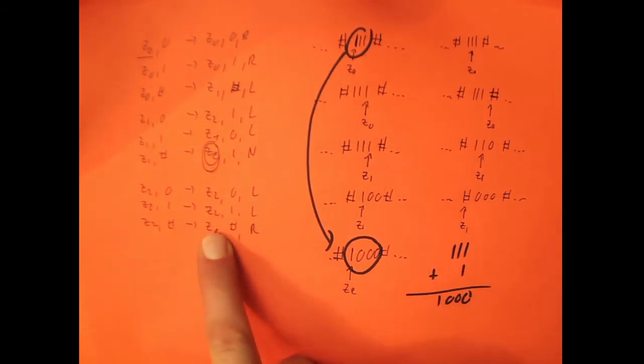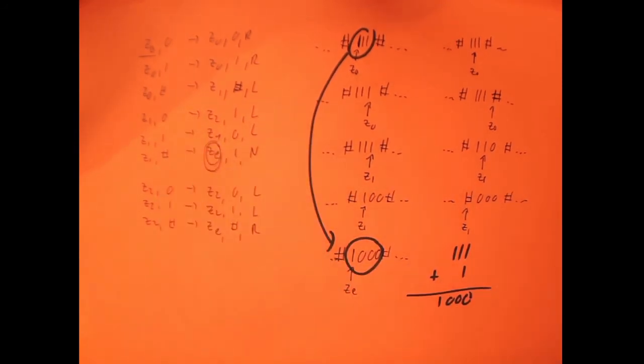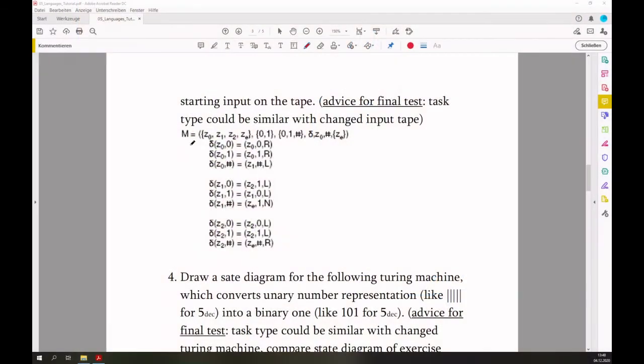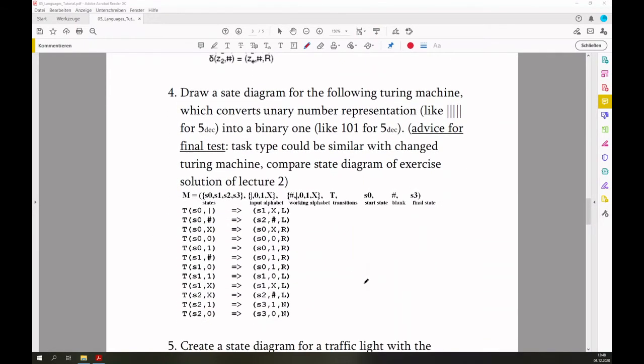And the next question deals with the conversion from such a rule set into a state chart. So let's go to that. Draw a state diagram for the following Turing machine, which converts unary number representation like 5 bars for the decimal number 5 into a binary representation like 101 for the same decimal number.